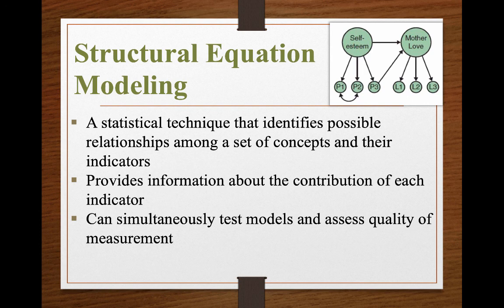So you can simultaneously test models and assess the quality of measurement using this approach, right? So a researcher can specify how each indicator is related to the concepts it measures. And an advantage of doing this is that it can protect from certain types of measurement error, which we'll talk about in chapter 12. So as far as disadvantages, it can be really complicated, obviously, especially to consider all possible combinations of relationships, especially if you have a ton of indicators and concepts.